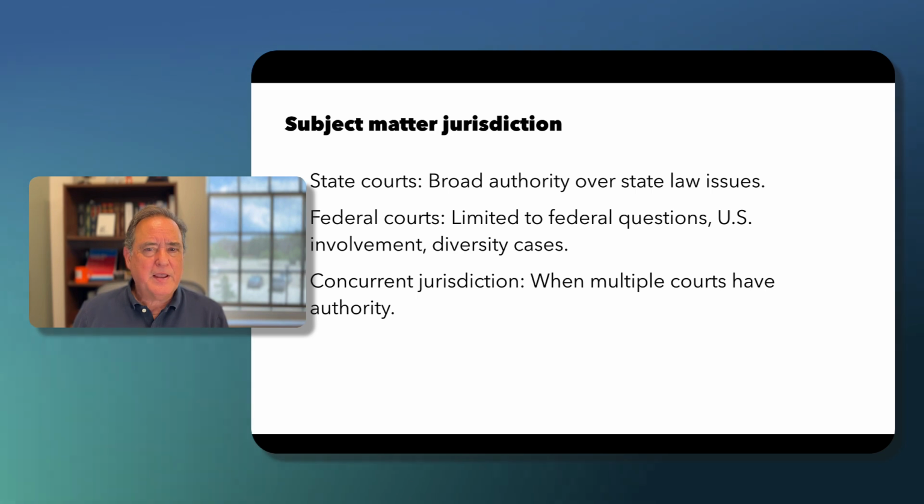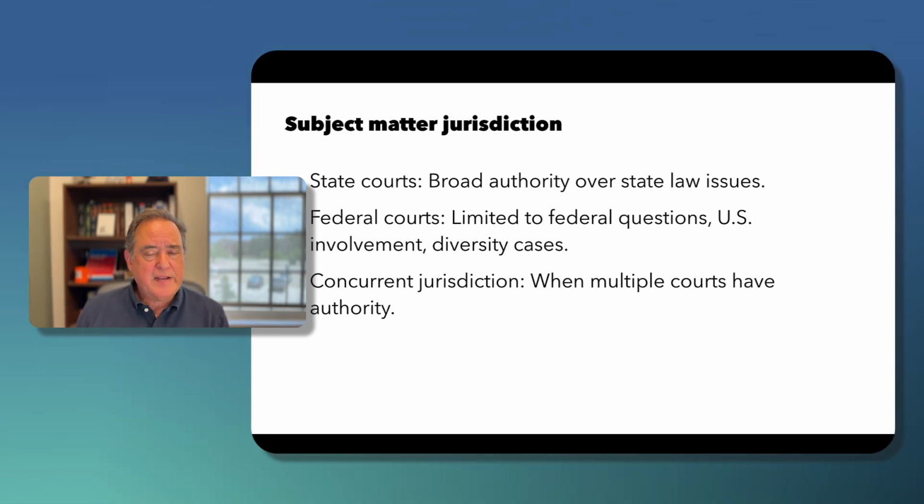Now, the final thing we have to look at is really the reason why I say the American judicial system is so complex. And that has to do with the matter of concurrent jurisdiction. Oftentimes, multiple courts will have authority over a particular dispute.